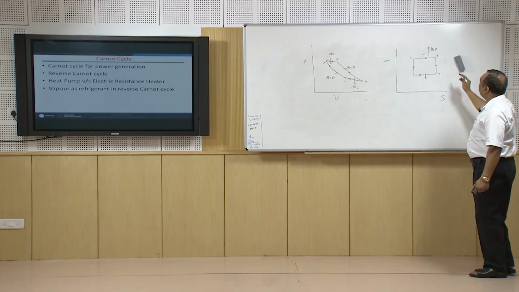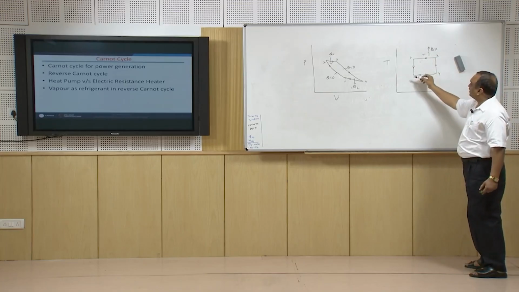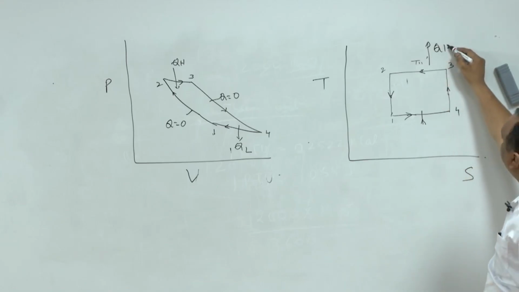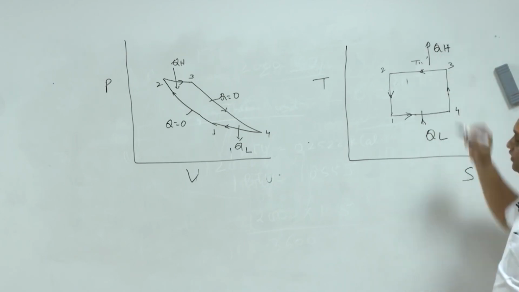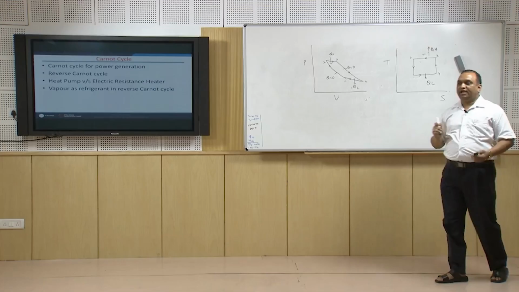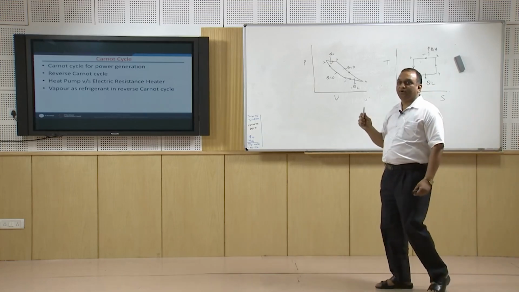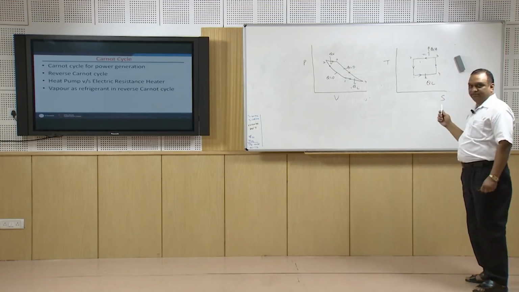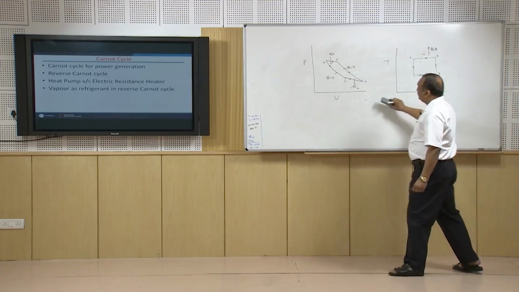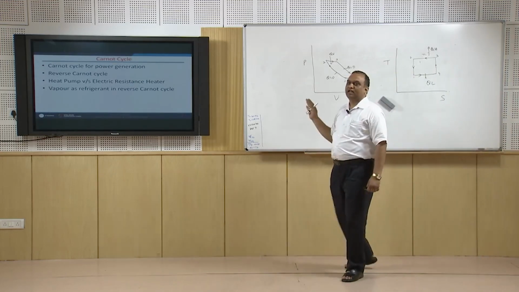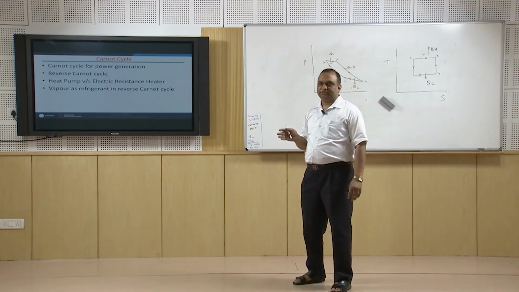So, we have another cycle which is the reverse Carnot cycle, and in this cycle the net effect is transfer of heat from lower temperature to higher temperature. And this cycle can produce the refrigerating effect, right. There are certain drawbacks of the Carnot cycle. In the Carnot engine also there are certain drawbacks, right.